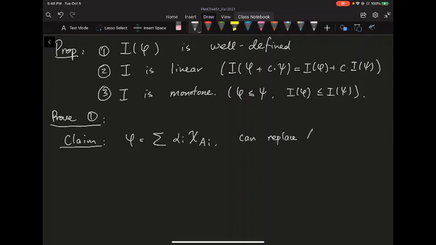First of all, this is a finite collection of A_i, and I want to make the assumption that these A_i are actually disjoint, and the union of the A_i is actually equal to X. So I want to show that you can always assume phi is presented this way.